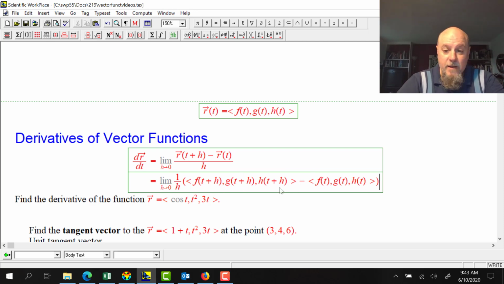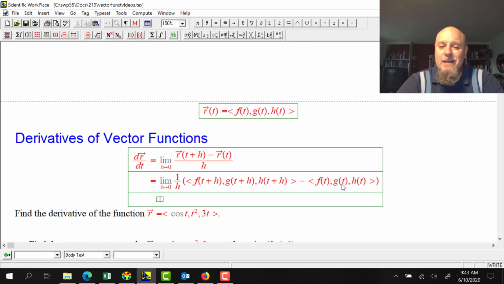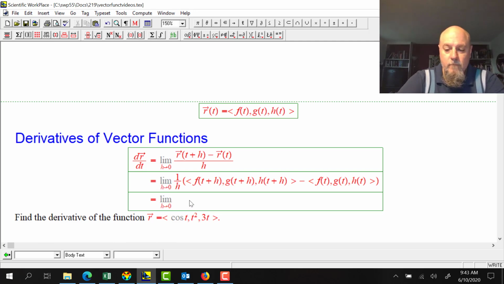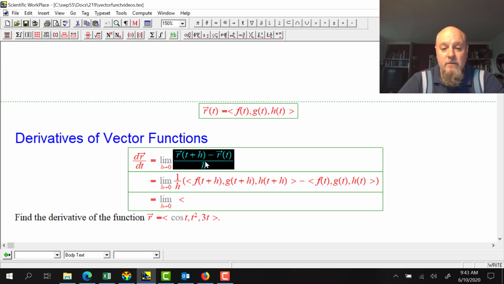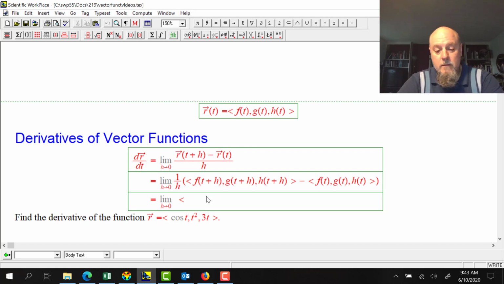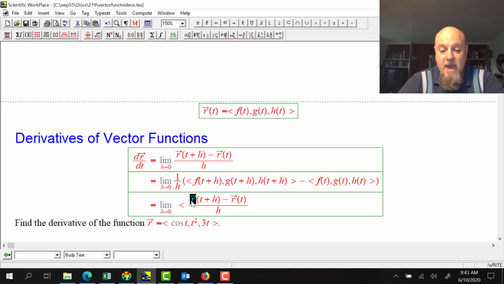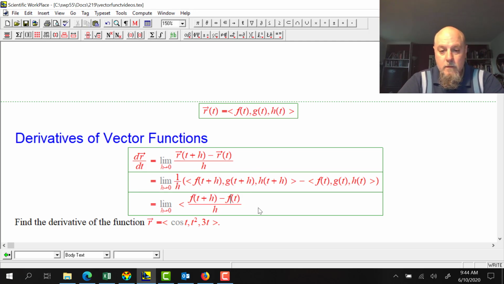Now if I put this vector minus this vector and divide each piece by h, let's just look at the one component, because I think that'll make it clear. So the first component is going to end up being, the first component has the f in it. I'm not going to worry, the rest are the same, so dot dot dot with the other 2. Let's just look at one piece and see what happens.